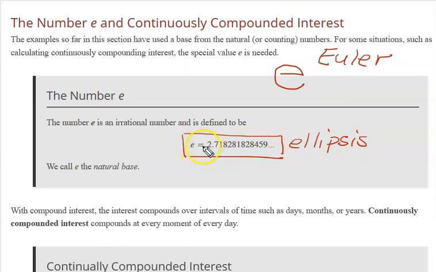Another thing I'd like you to note about E is that it is sometimes called the natural base. You might say, are there other bases? Well, the base we use in our mathematical calculations in general is base 10, which is the common base.